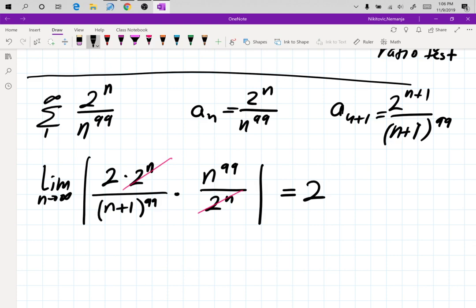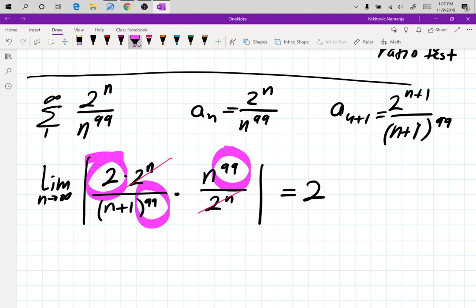Because if you take 99 derivatives, the only thing that will survive is the 2 in front. When the polynomial powers are the same, it's just the front coefficients. Well, there's a 2 over there. That looks almost like a clown.